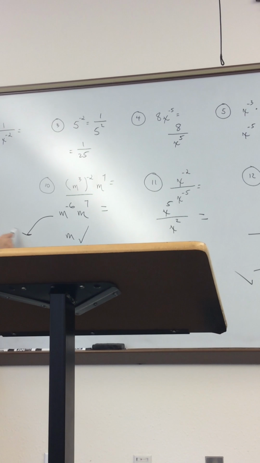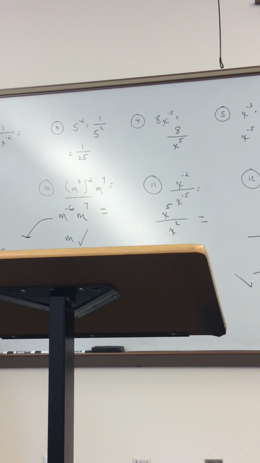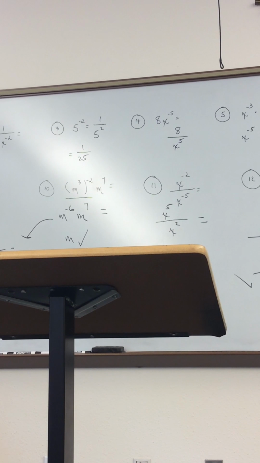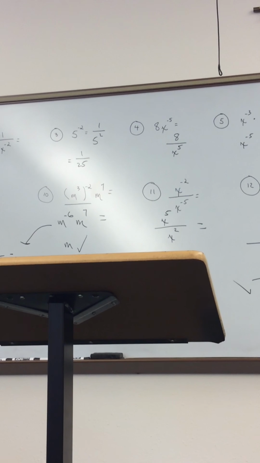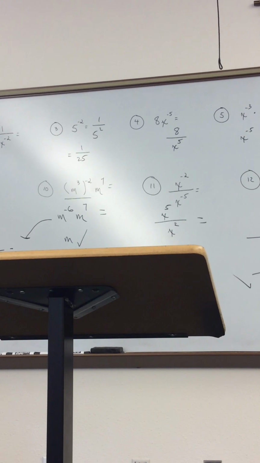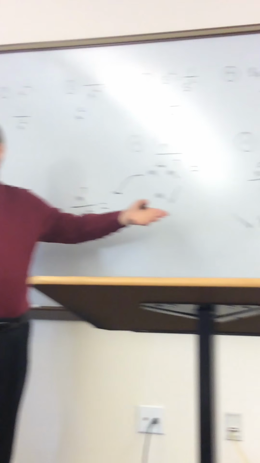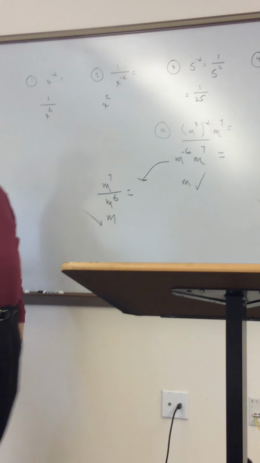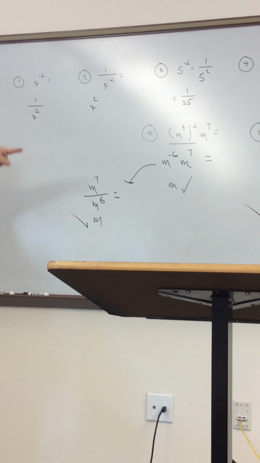Here's what he's asking me. M to the 7th, if he took that and brought it down here, that ain't wrong, right? What's m to the 7th over m to the 6th? Still the same answer. You know why I didn't do that? Because these were the same base, so I just added them right away. But what you said is correct. You'd get the same answer.